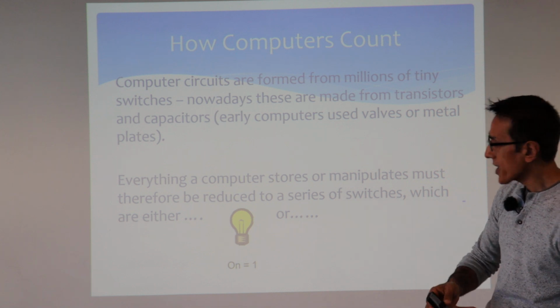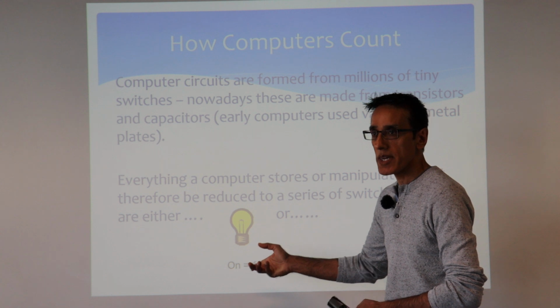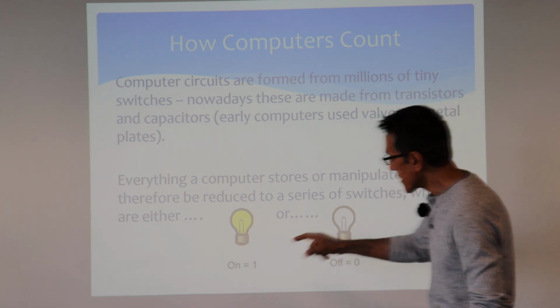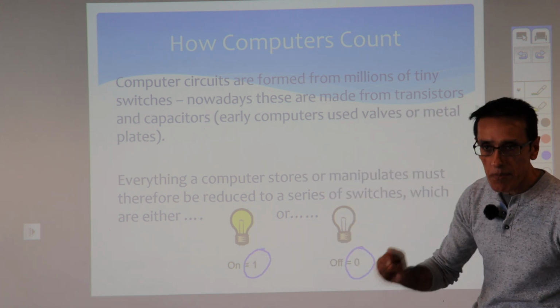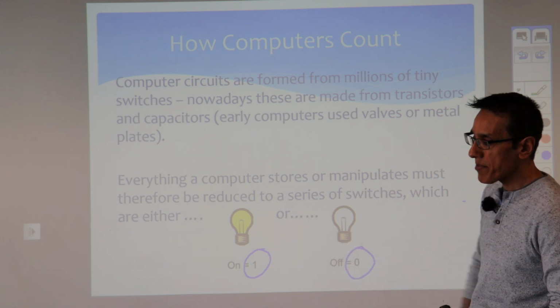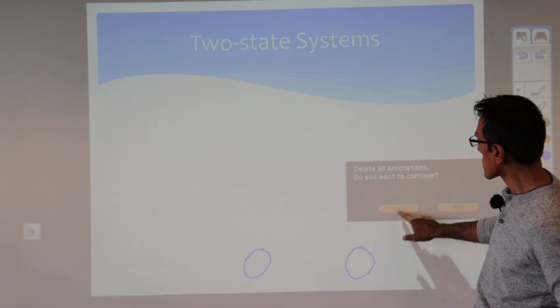Here's a representation using a light bulb. When it's on, it's a 1. When it's off, it's a 0. These are the 2 symbols which are used by computers. Binary. So binary is represented using 1s and 0s.